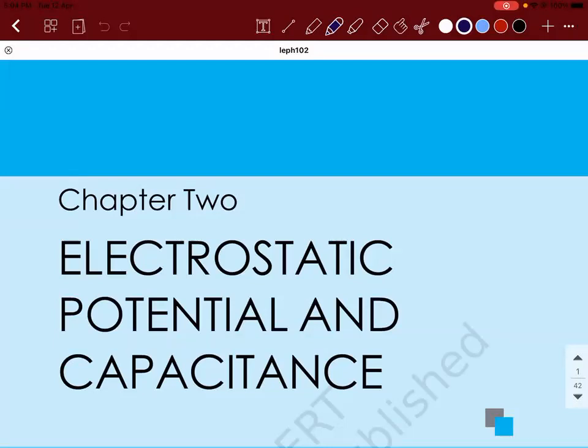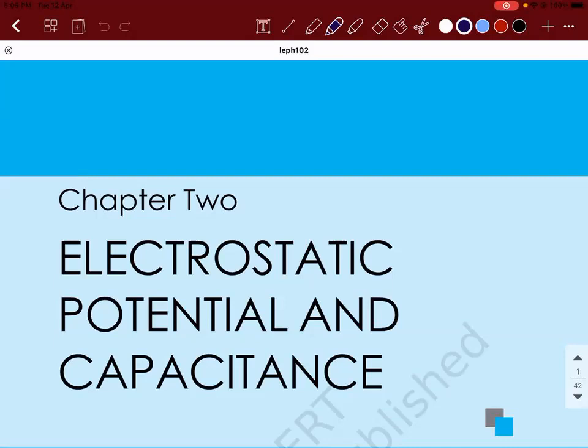Secondly, you have a concept called capacitance. Capacitance is the property of a device named capacitor. Like how you have resistance, the property of a device named resistor, you have capacitance as the property of a device called capacitor.